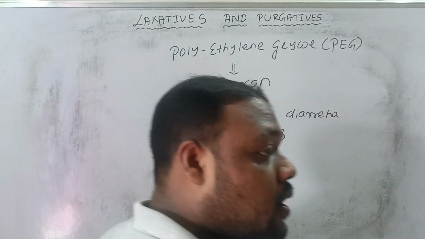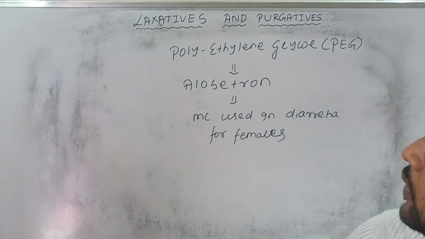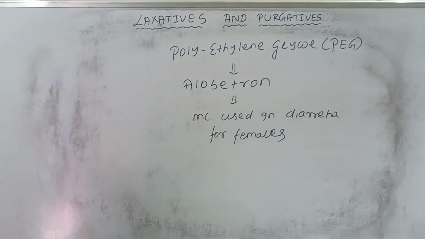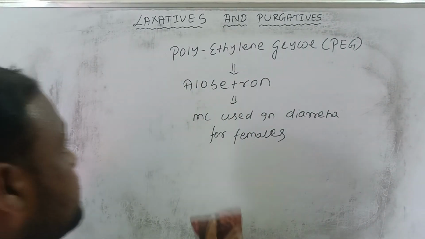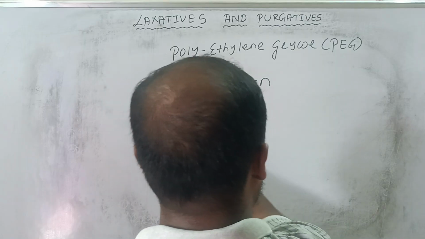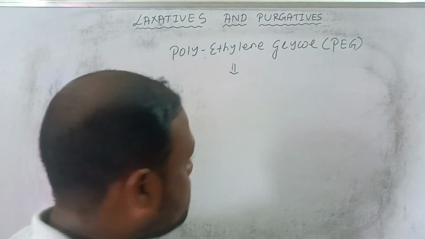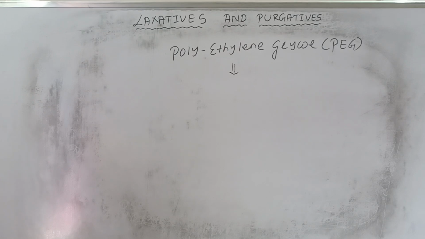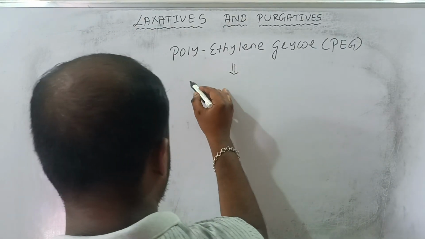Then we move to octreotide. Octreotide is also in the PEG group.